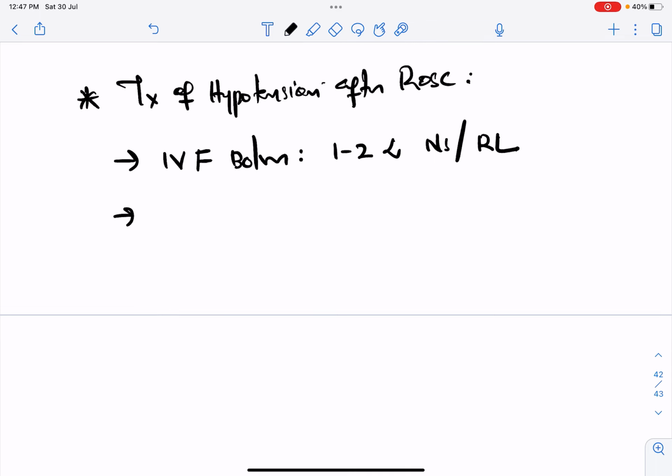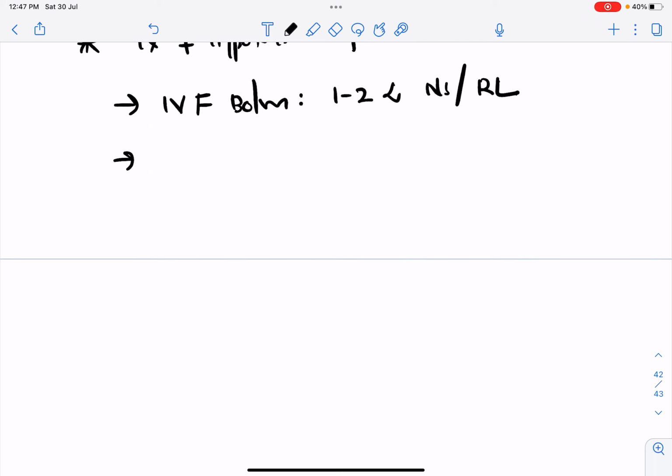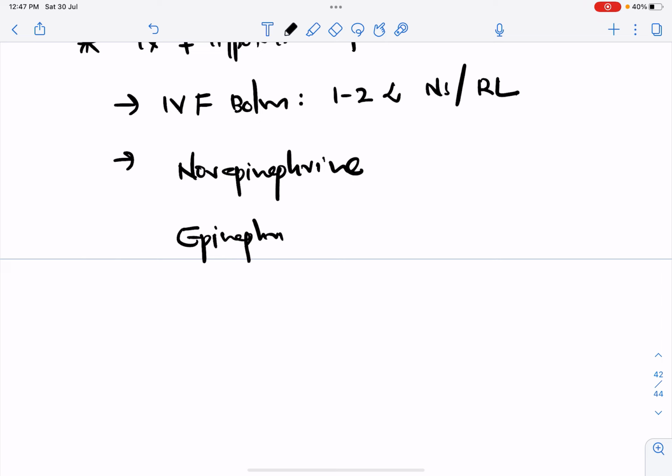If hypotension still persists, we have to consider drugs for hypotension. The AHA recommended drugs for hypotension after ROSC include norepinephrine, epinephrine, that is adrenaline and noradrenaline, epinephrine is adrenaline, and dopamine.